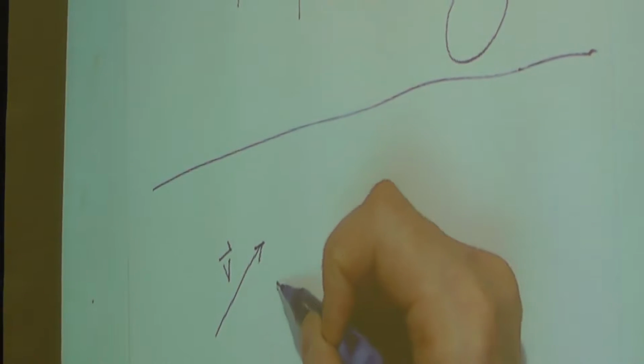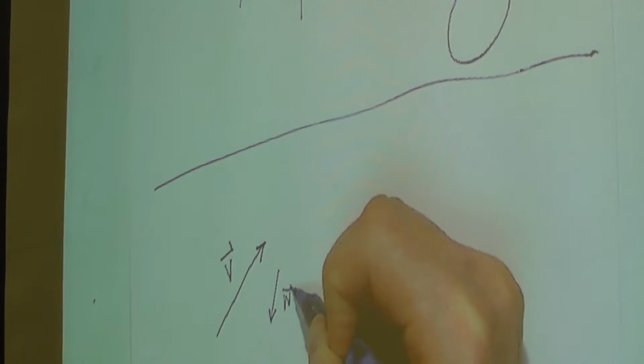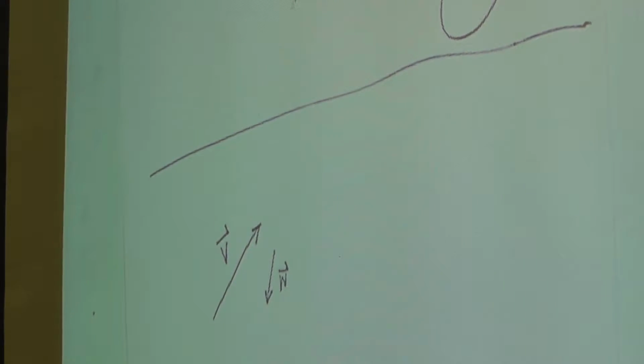In a book, it'll typically be in bold. So if this is V and this is W, I wanted to start talking about the arithmetic operations.